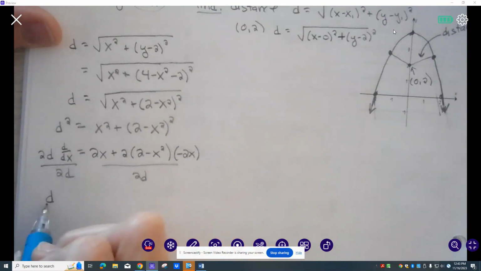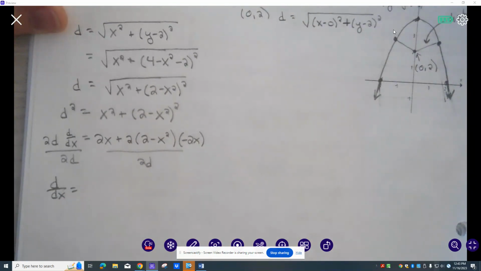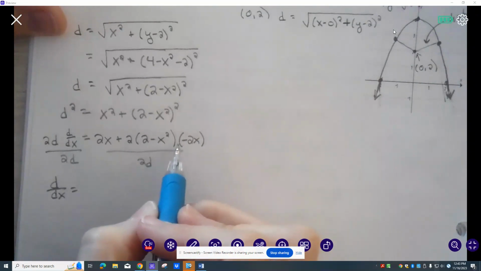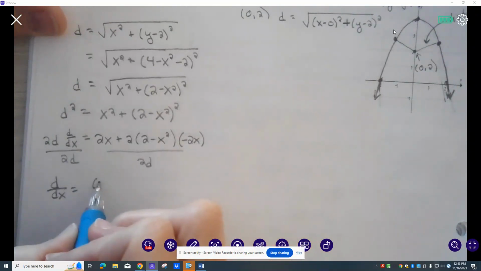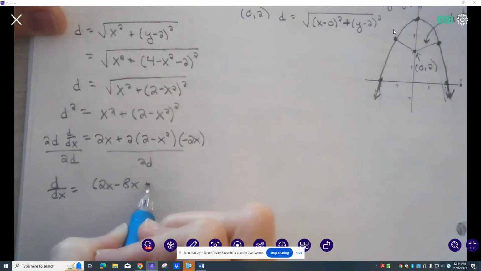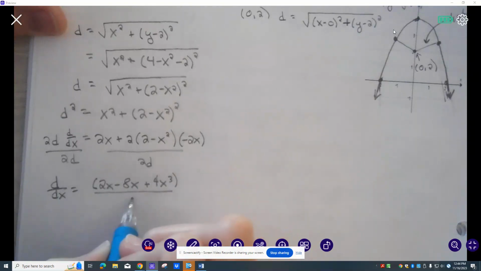So d prime or d dx, doesn't matter how you identify your derivative, is going to be, and then up here, I did some simplifying. Again, I encourage you to simplify that numerator on your own and then come back and see if you agree with my simplification.